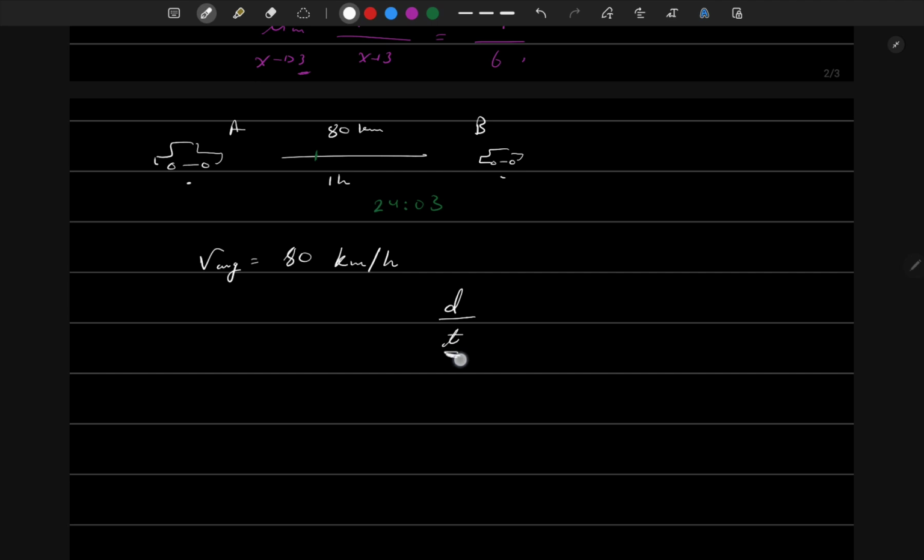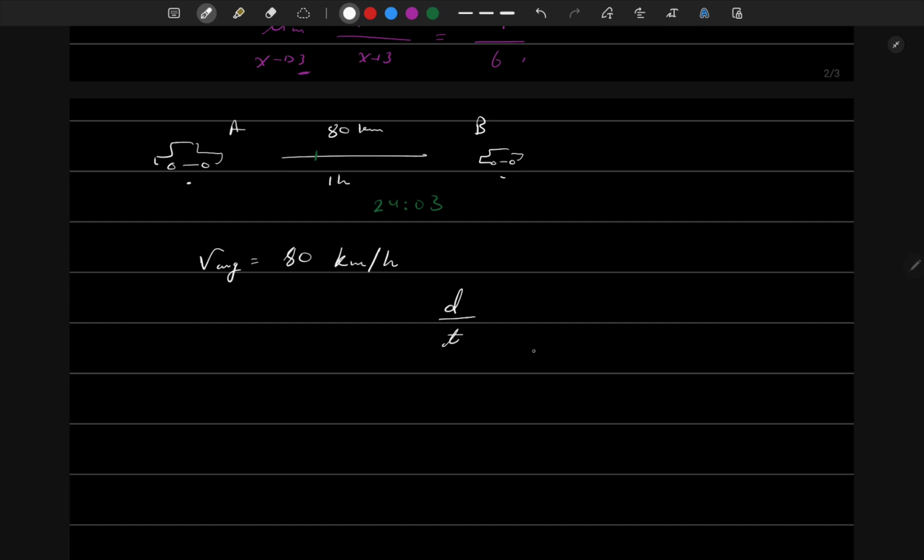So there has to be a time interval. But if you put the time interval as 1 minute, then that does not count as instantaneous, because I'm asking for this instant. 1 minute is a long period of time.